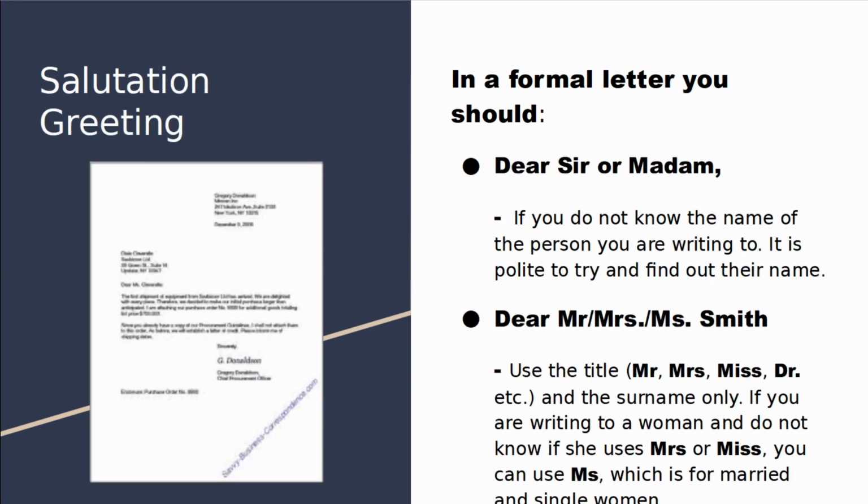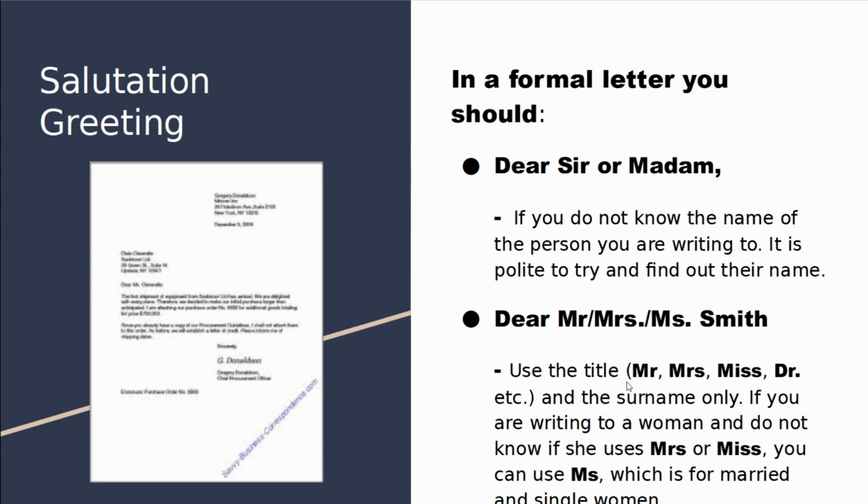In a formal letter, you should use "Dear Sir" or "Madam" if you do not know the name of the person you are writing to. It is polite to try to find out their name before. If you do know, you can say "Dear Mr., Mrs., Ms. Smith."